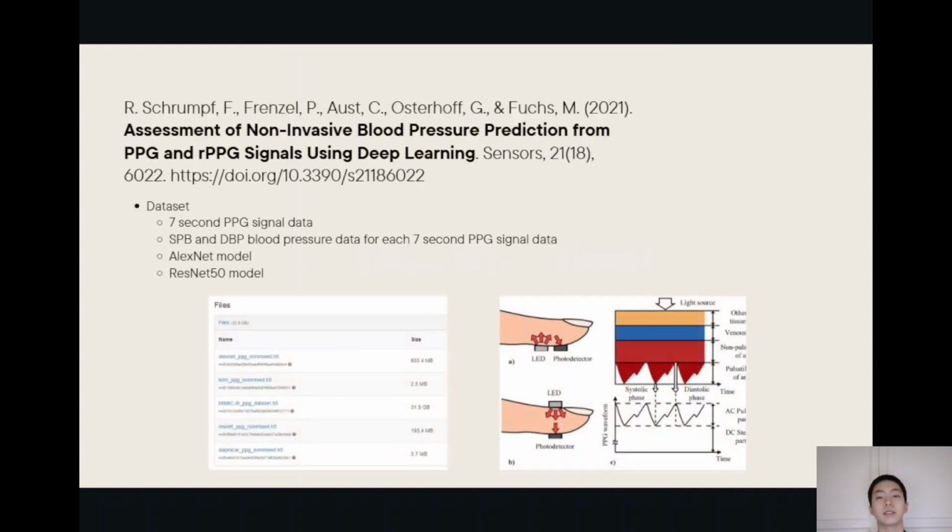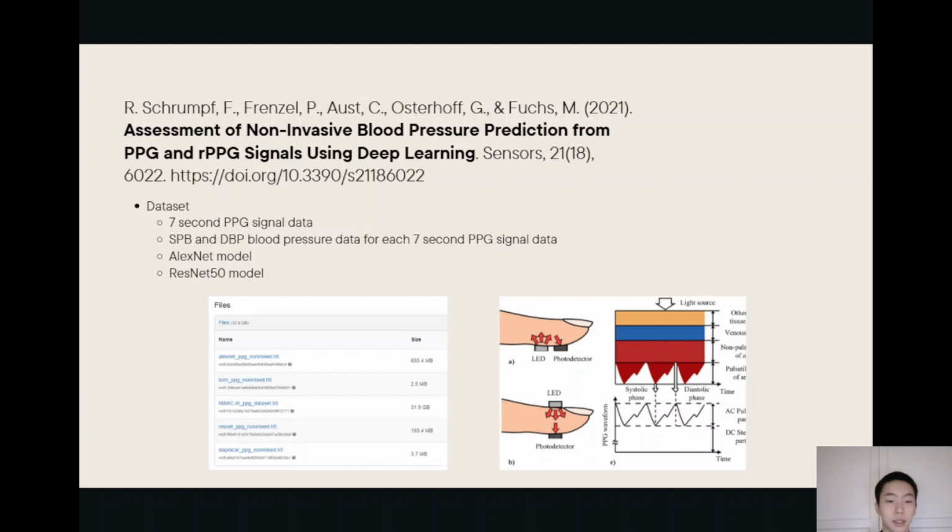This work by Schrumpf used PPG signal to predict blood pressure using AlexNet and LeNet models. The research also provides a clean 7-second PPG signal, along with the systolic and diastolic blood pressure for each 7-second segment. The PPG shows the blood flow changes as a waveform.